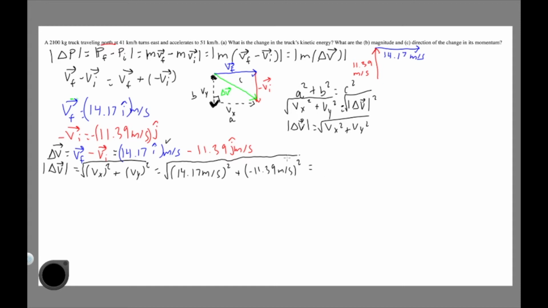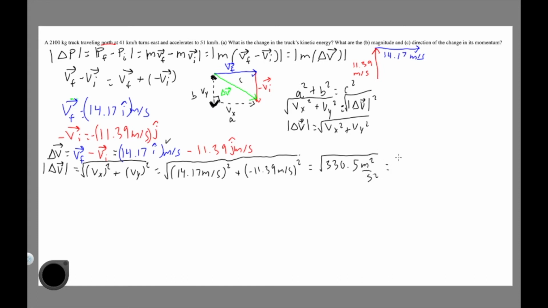So when you square both terms and add them together, you should get 330.5 meters squared per second squared. And then we can take the square root of all the terms on the inside, meaning the square root of the 330.5, the meters squared, and the seconds squared.